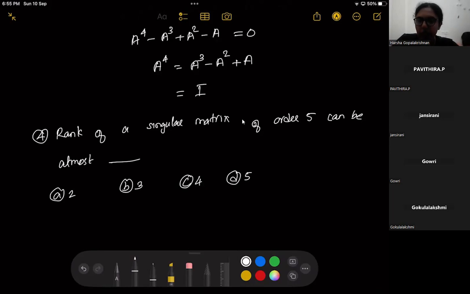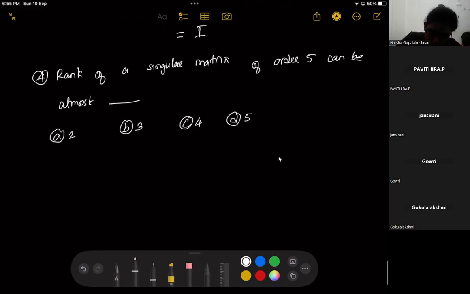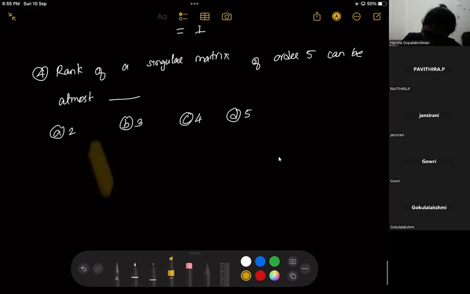So the determinant of that matrix is 0, so obviously 5 cannot be the rank. But 4 can be a rank, maybe can be or cannot be. So the maximum possibility is 4. Answer C, 4.